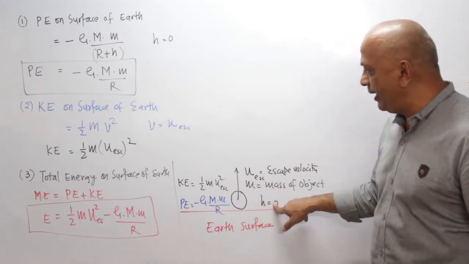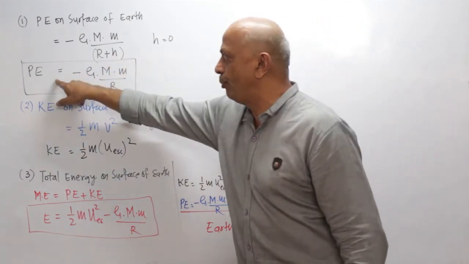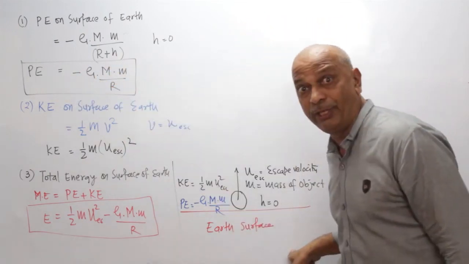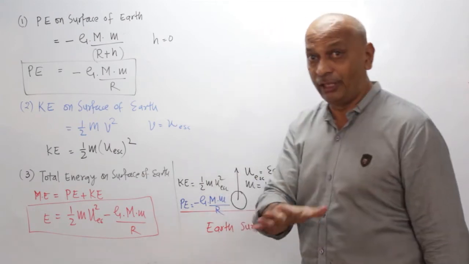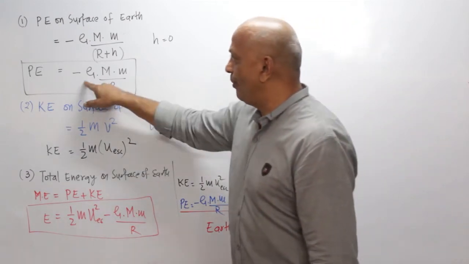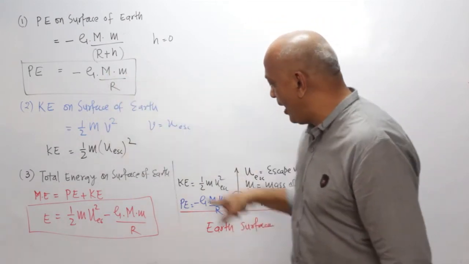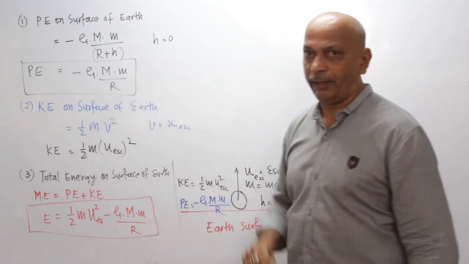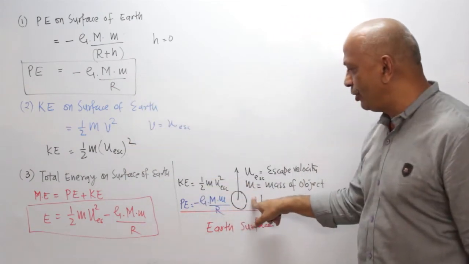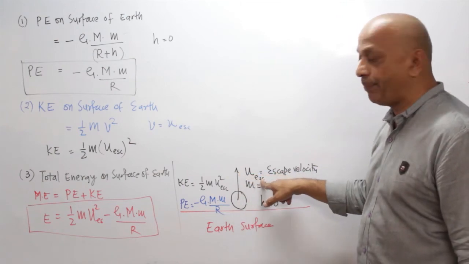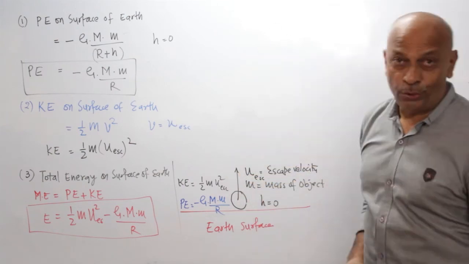At the Earth's surface, the height is equal to 0, so H is equal to 0. The potential energy is measured from the center of the Earth, because that is more important. So minus G M m upon R, where m is the mass of this object. Kinetic energy: we are throwing this object with initial velocity u escape such that it will reach infinity.